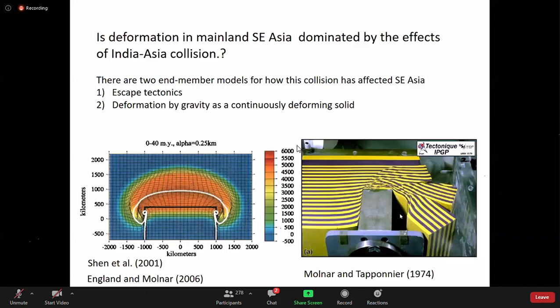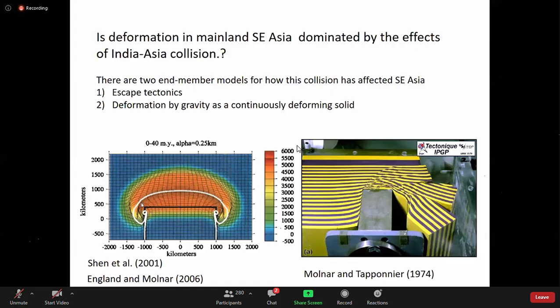One is the escape tectonics model, Molnar and Tapponnier, 1975, and has been developed up until more recent times. This analog model would not get published today. It's unscaled. There was a glass plate put on top to stop the Himalayas developing so that this would develop. But it does provide an illustration of what escape tectonics might do.